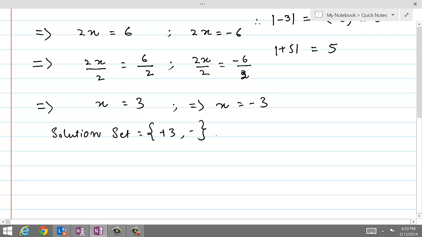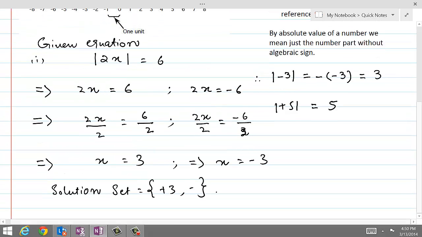Both are possibilities. But if in the question it was given that x is only a natural number, then we would only take 3. This would be minus 3 here.